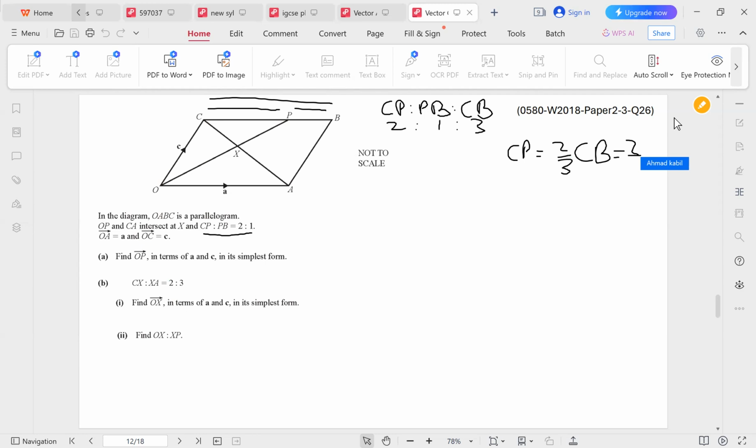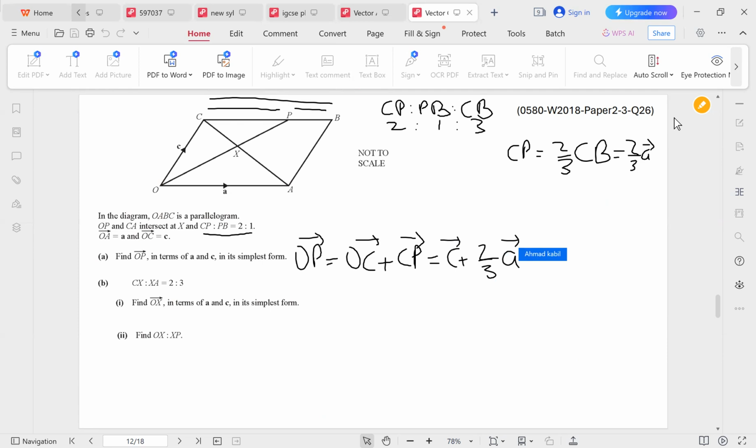So this is 2 over 3 times vector a. This is the value of CP. We want to find OP, so this is simple enough now. OP equals OC plus CP. And this is equal to c plus 2 over 3 a. These are the vectors that create vector OP.